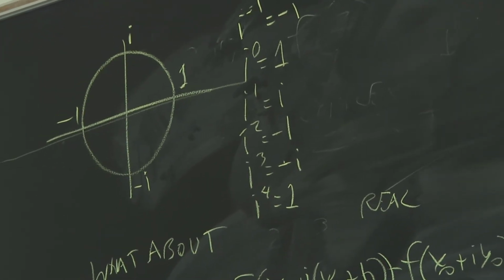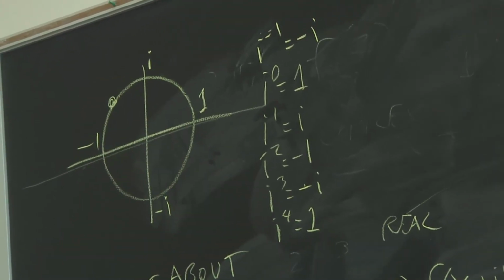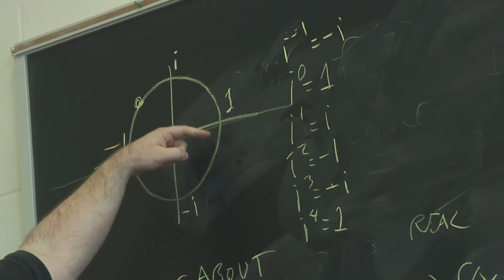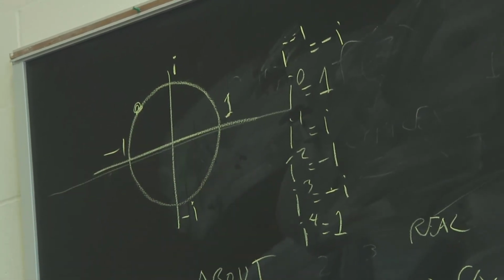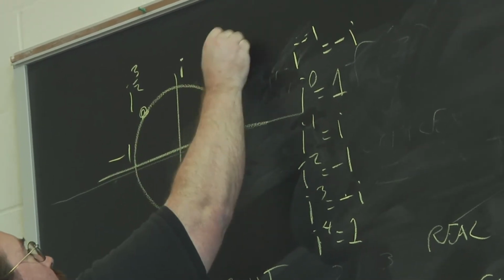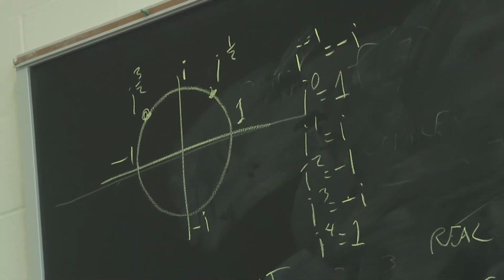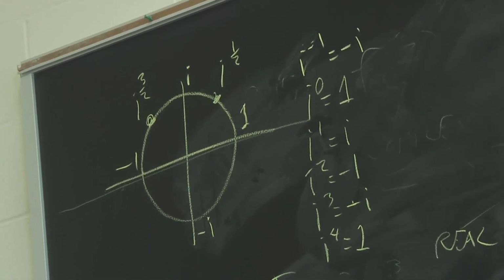Yeah, i to the 1.5 would put you over here. So each power takes you 1/4 of the way around the circle. So this is i to the 3/2. This is i to the 1/2, and so on. Well, that was interesting. Well, just you wait.